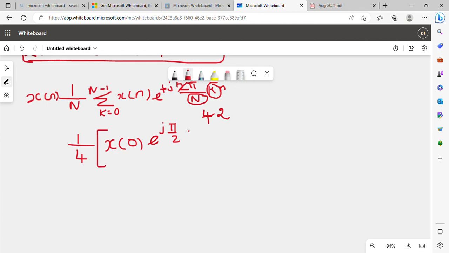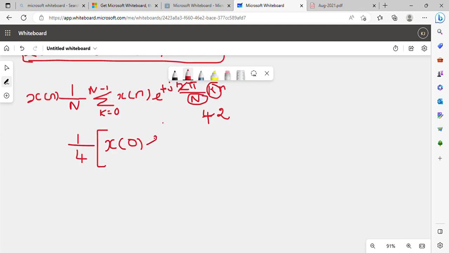And here you have to take it as 1 into n, and this is 0. So here it is 0. So you can directly take it as x of 0 into e to the power of 0, right?